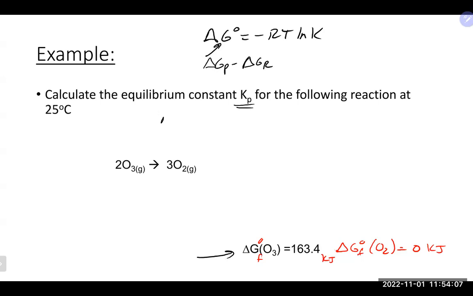So the delta G naught in this case would be our products, which would be 3 times 0, minus our reactants, which would be 2 times 163.4 kilojoules.